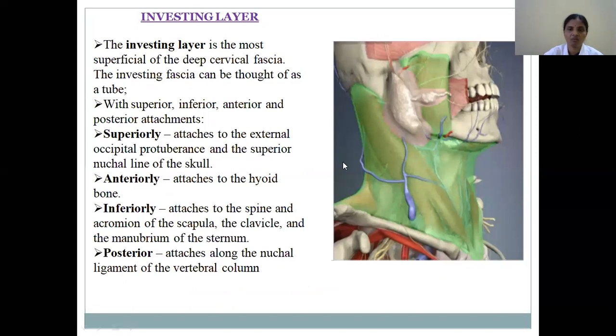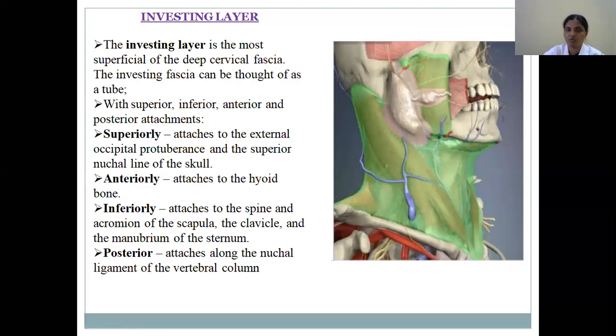The posterior midline extends from the external occipital protuberance to the spine of the 7th cervical vertebra, exactly in the mid-sagittal plane. That is a ligament. What is that ligament? The ligamentum nuchae. So from the ligamentum nuchae to the anterior median line, the anterior sagittal line.